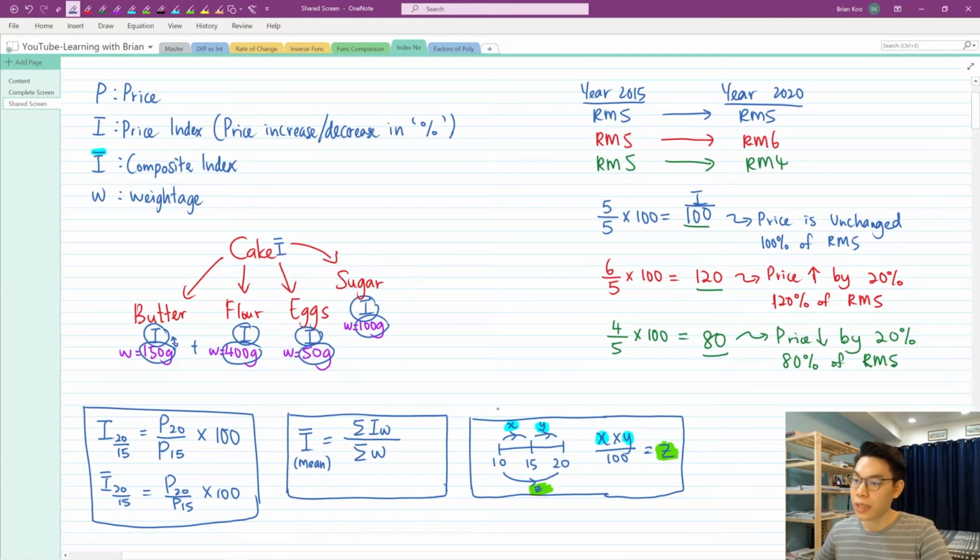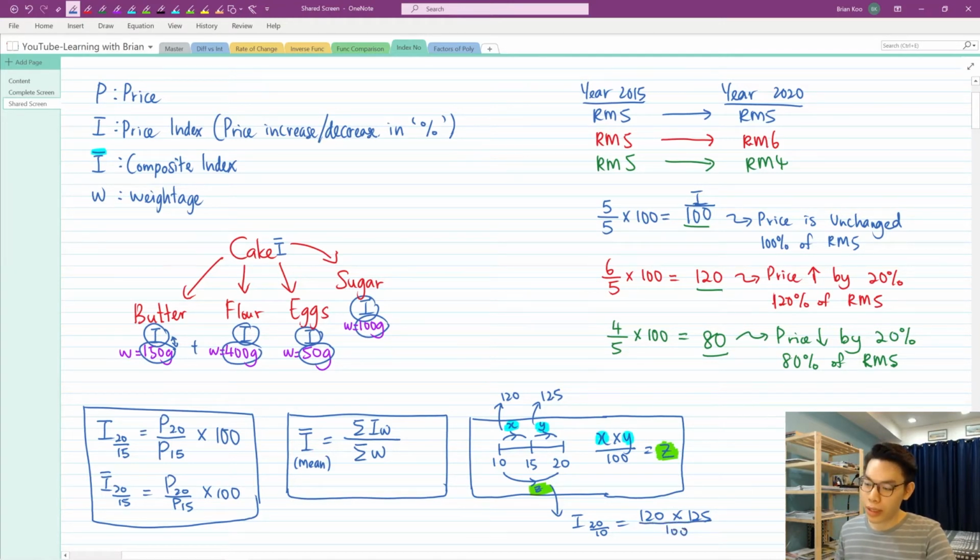So for example, if the price index here is 120, and the price index here is 125, what is the price index from year 2010 to year 2020? It would be 120 times 125, the two shorter ones times together, divided by 100.